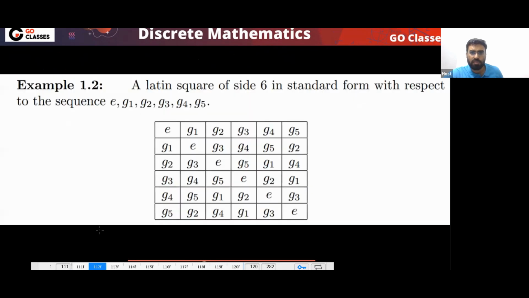Let's move on. Is this a group? Tell me. First let me just make sure it's like this. Your header is E, G1, G2, G3, G4, G5.